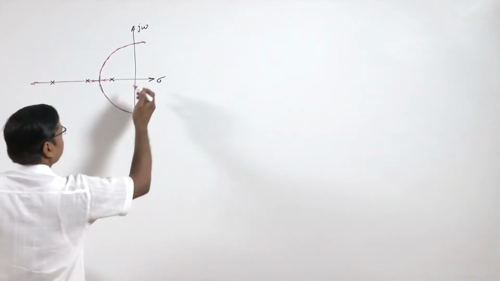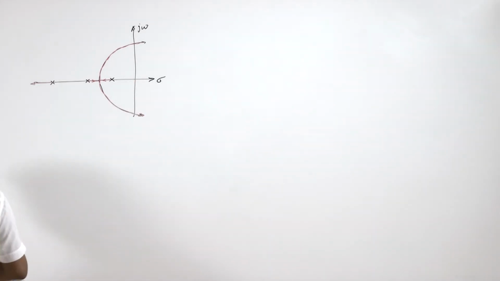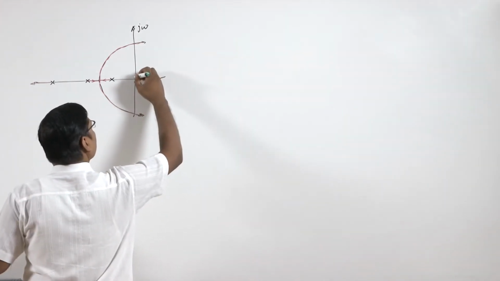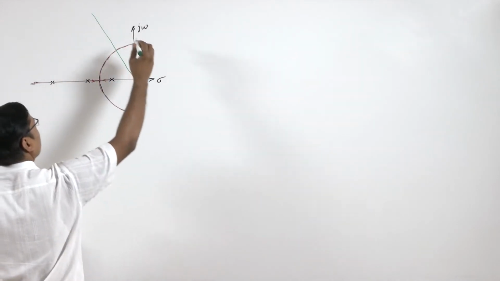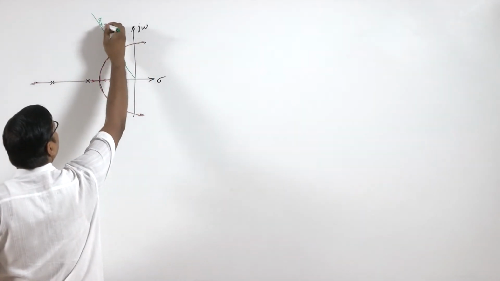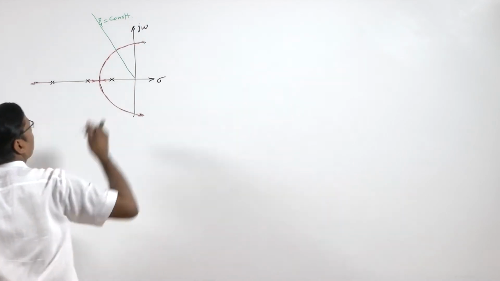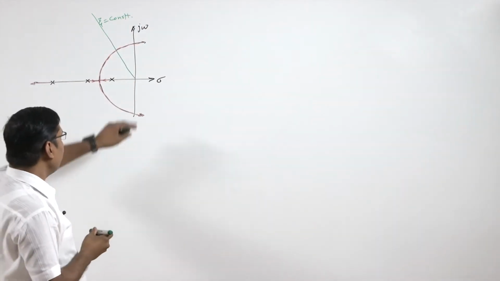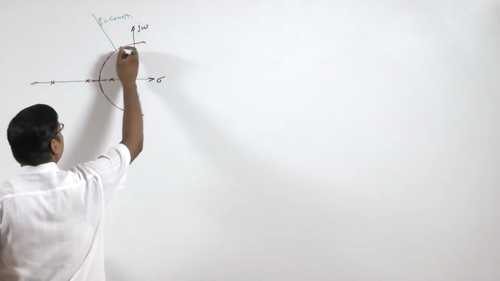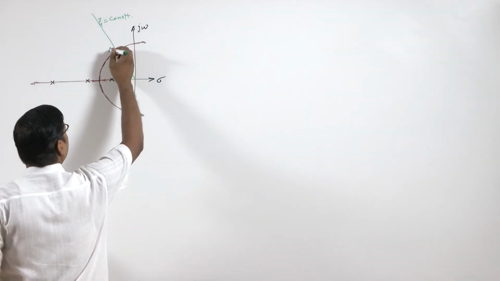And we want some point on the root locus, let us say this is some damping line, so this is a constant damping line and this is intersecting at some point, let us say A.